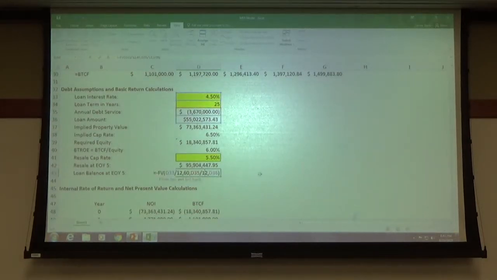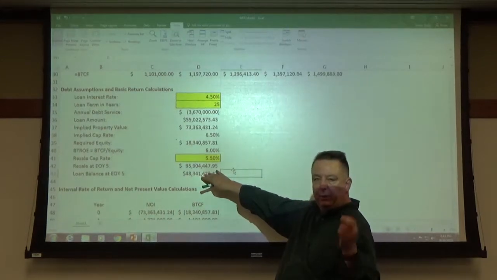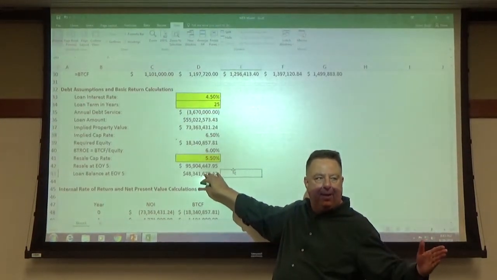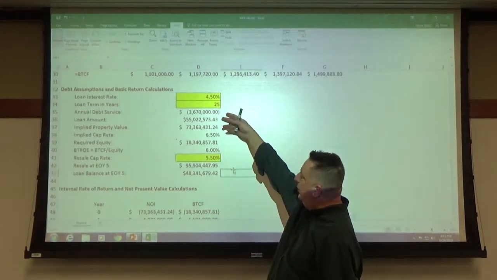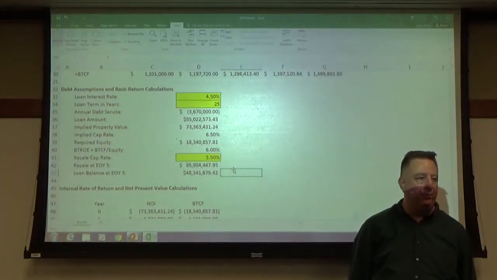Now, this loan balance is going to be how much money do we still owe after making 5 years worth of payments with our original loan amount of $55 million. Does that make sense? Yes or no?